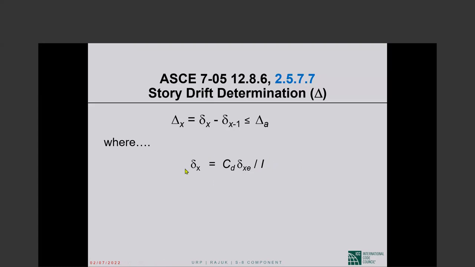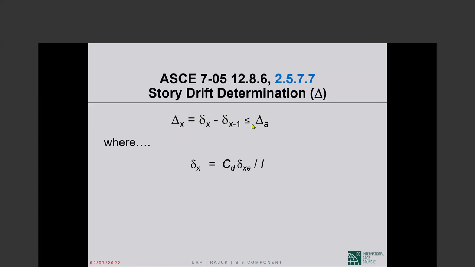That delta sub x at the top of a story minus the same delta sub x at the bottom of the same story is the interstory drift. That is delta sub x, the interstory drift in story x.